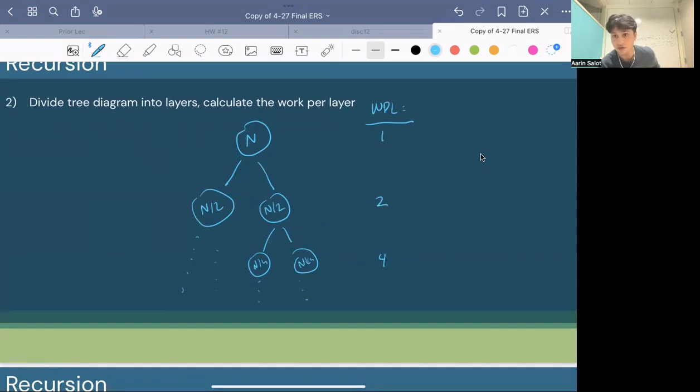And the number of nodes per layer can be written as 2 to the power of the level we're at. So originally this is the 0th level over here. This is the first level. This is the second level.